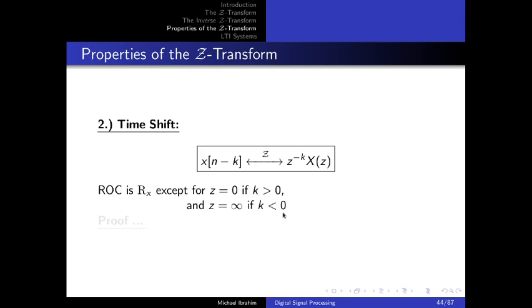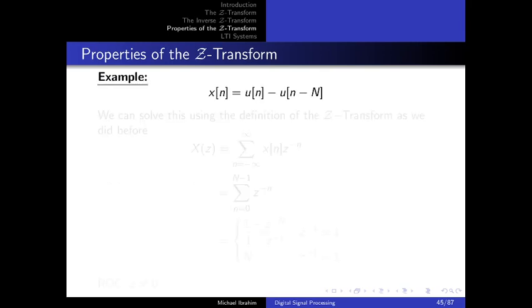In this case, we might get new samples located left of n equals 0, so we need to exclude z equals infinity. So it's basically the same ROC, but you exclude 0 if you're shifting right, and you exclude infinity if you're shifting left. The proof of this property is straightforward, but let's ignore it for now and let's carry on.